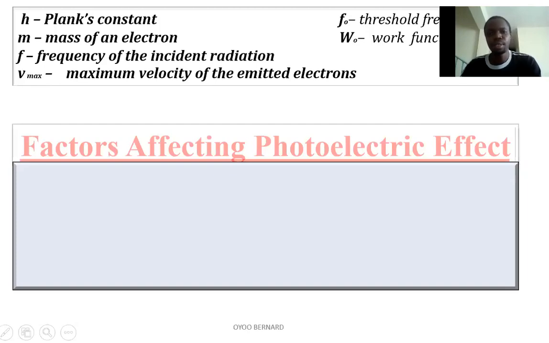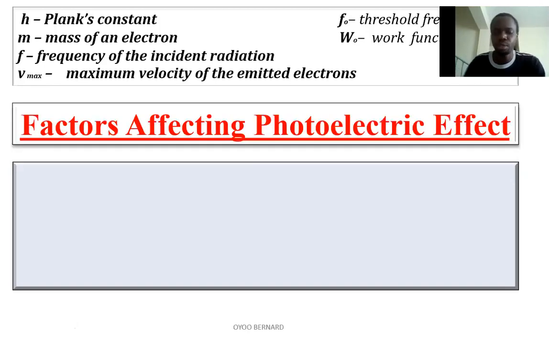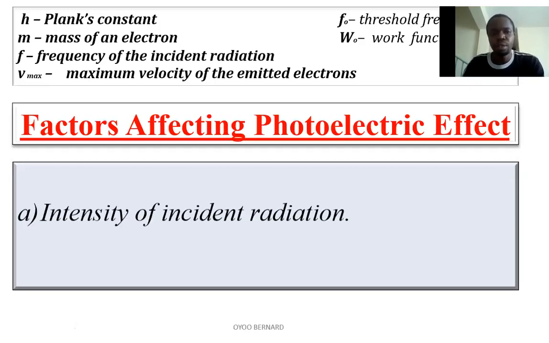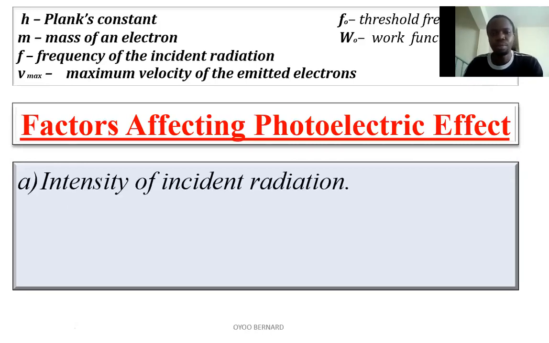So let's look at the factors affecting the photoelectric effect. One of them is the intensity of the incident radiation. Some say it's the brightness. Intensity is the number of radiations incident on a unit area per unit time.